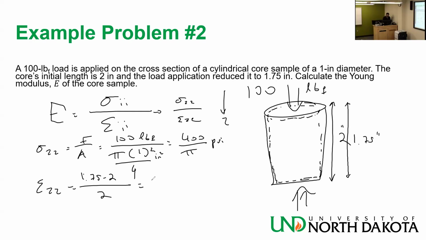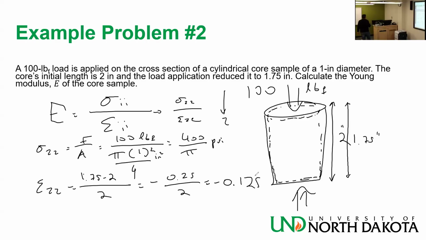So you have minus 0.25 divided by 2, a negative value of minus 0.125. If you do it this way, the force must also be negative because it's pointing down, unless I assume that z is positive going down, and then the strain will be positive too.